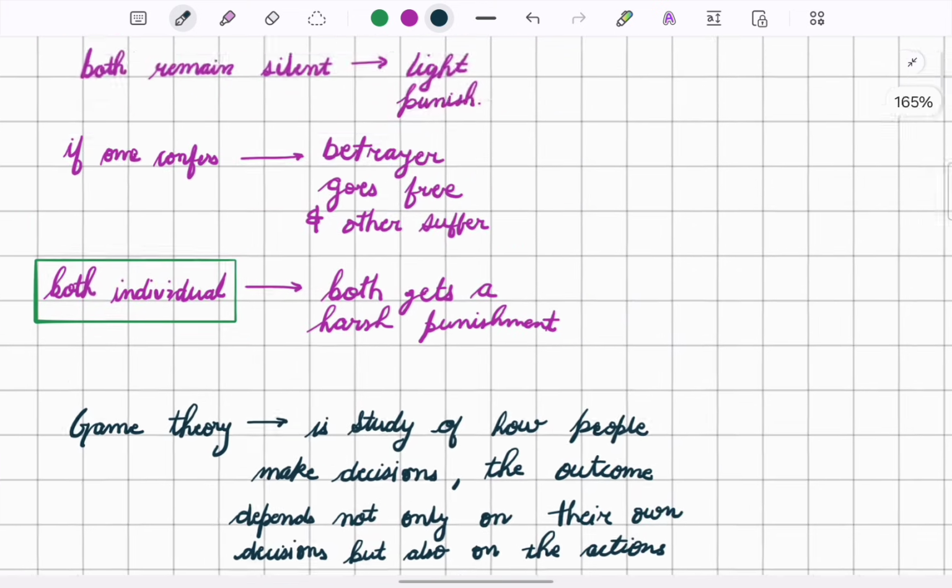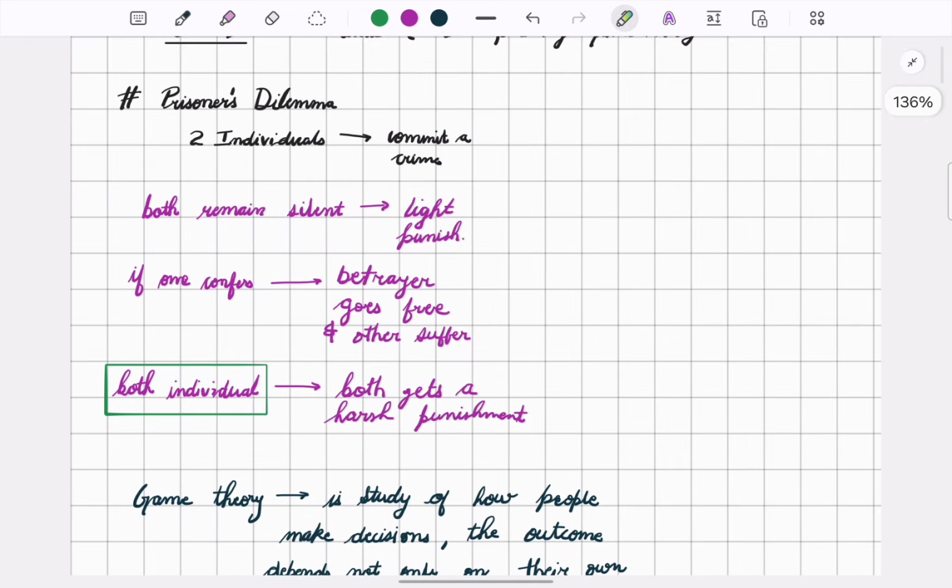Right? And you can see this even in the prisoner's dilemma. The outcome that an individual ends up getting does not depend only on his choice of whether to remain silent or confess about the crime. It also depends on what the other individual is going to do.